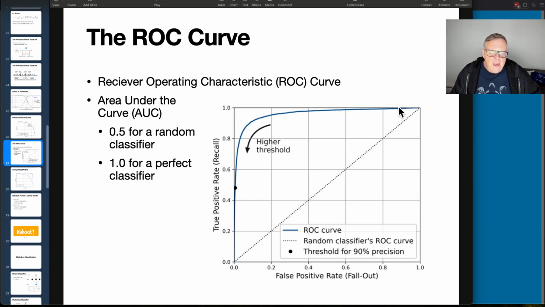If you have a really high quality classifier, it will more and more hug this 100% to 0% corner here, and you move along here at the threshold. So the total area under this is another measure of your overall performance. For a random classifier, you get an area of 50%, half the area under here. For a perfect classifier, you'd hug the axis and have 100% of the area down here. So it's another way to boil down the performance of your model to a single number.